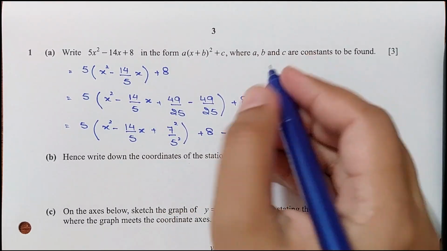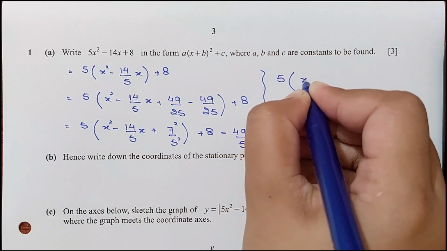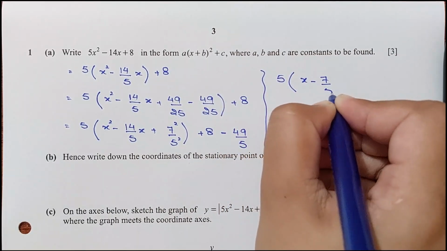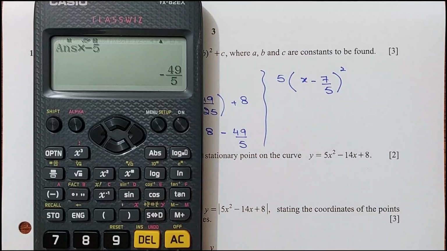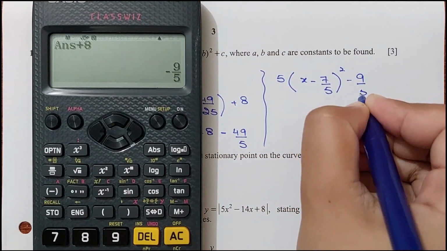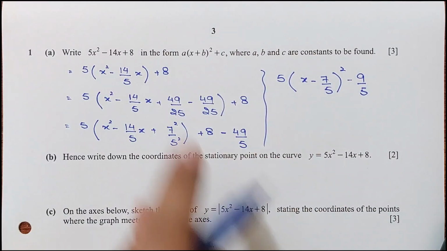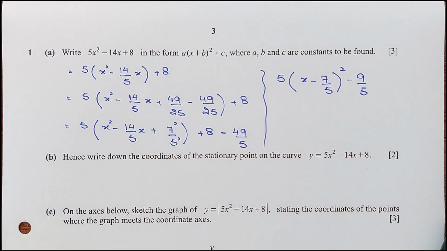Now let me close the square. We have 5 times x minus 7 by 5 whole square, and negative 49 by 5 plus 8 is minus 9 by 5. So the value of A is 5, B is minus 7 by 5, and C is minus 9 by 5.